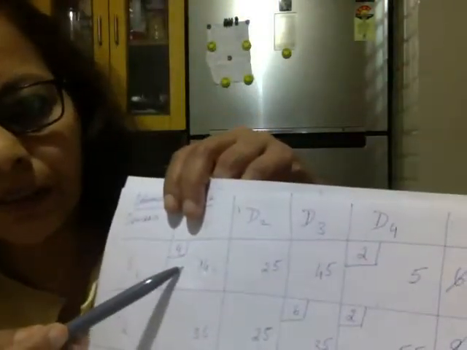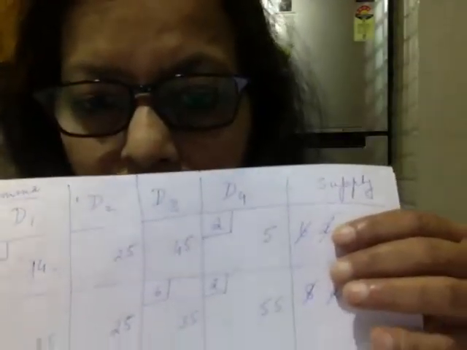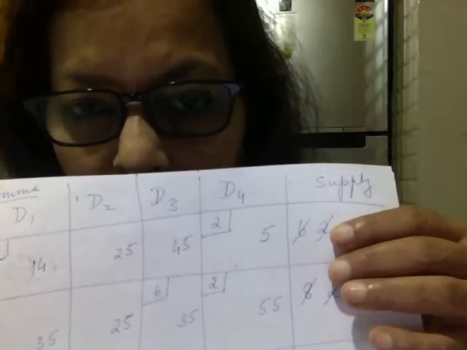What you have to do is find out, for example, you have done transportation cost. We have not done it here yet. For the test of optimality, first of all, you have to consider the occupied cells.